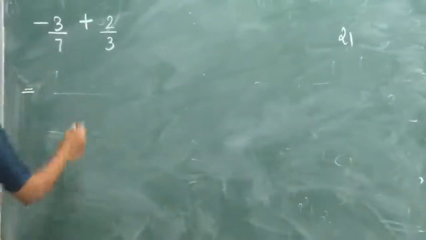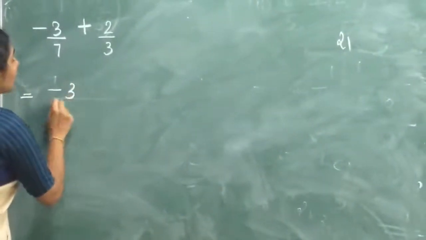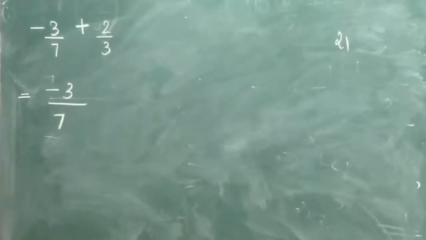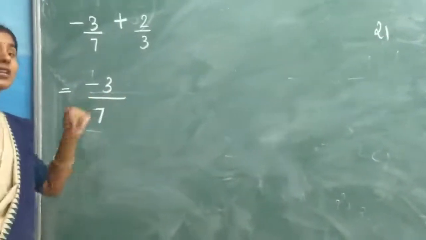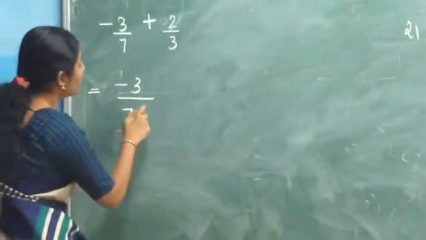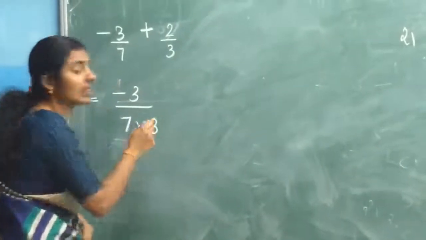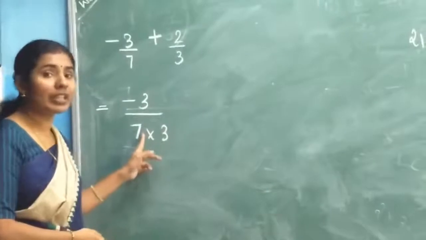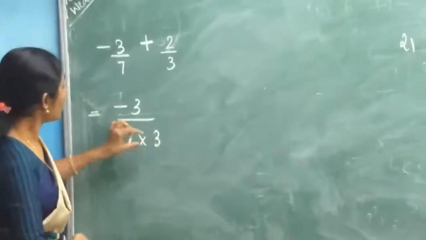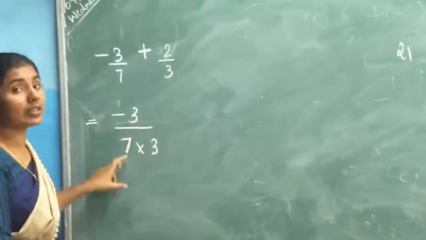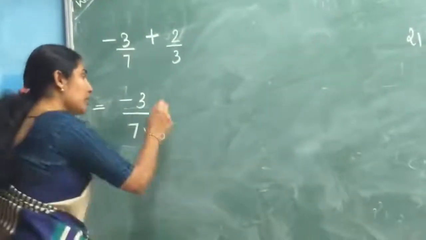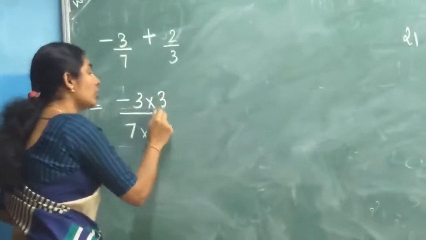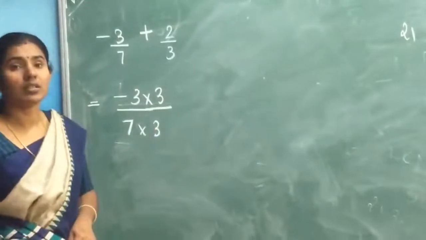See the first rational number, minus 3 by 7. Here, how can you change 7 into 21? When you multiply 7 by 3, you get 21. So which number are you multiplying in this denominator? 3. The same number you should multiply on the numerator.